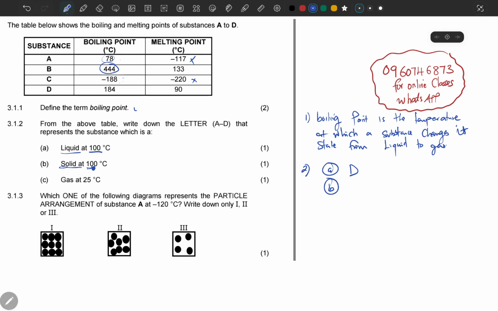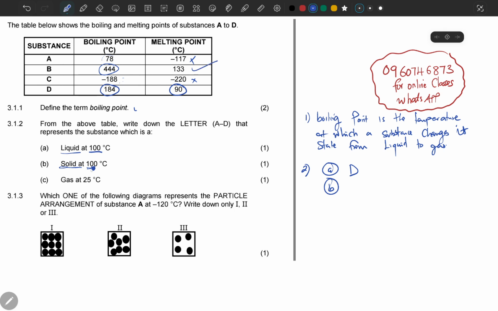Now, this one and this one, they are too close to one another. Very close, but we are not ruling them out. For this one, let me explain again. I think I made a mistake in my explanation. 444 as boiling point is actually fine, and the melting point is also actually fine.